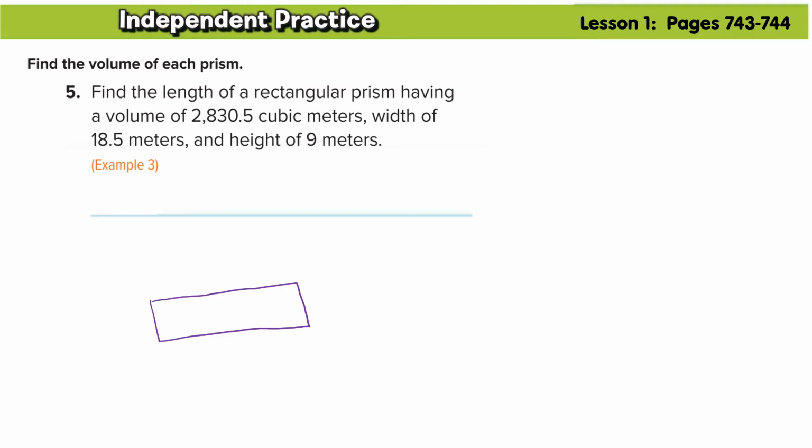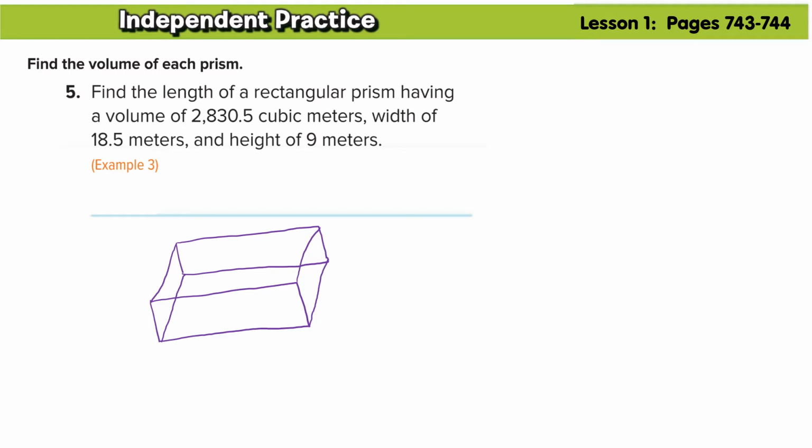So a prism, we double the shape. Okay, so I drew that, and then I'm going to double it. So I draw the same thing again, and top left to top left, bottom left to bottom left, top right to top right, bottom right to bottom right.